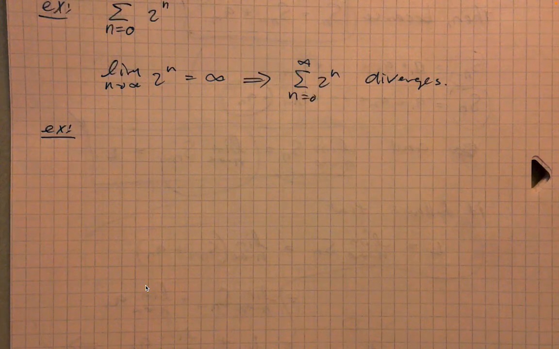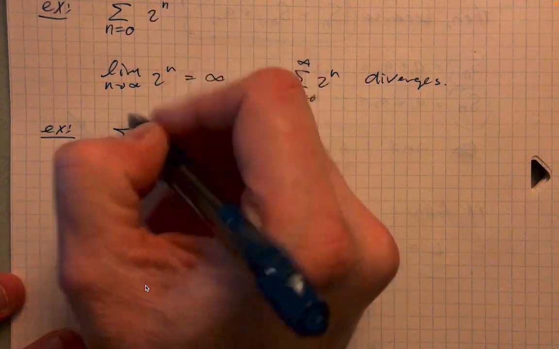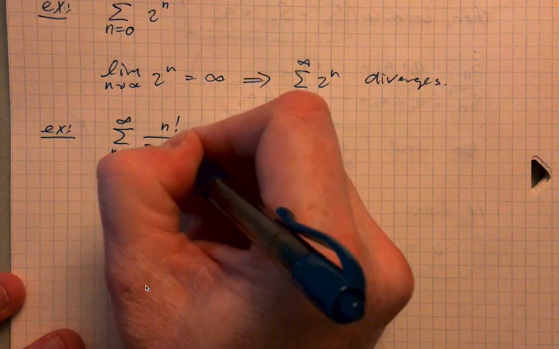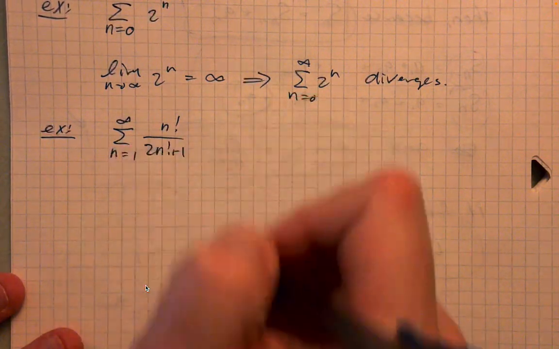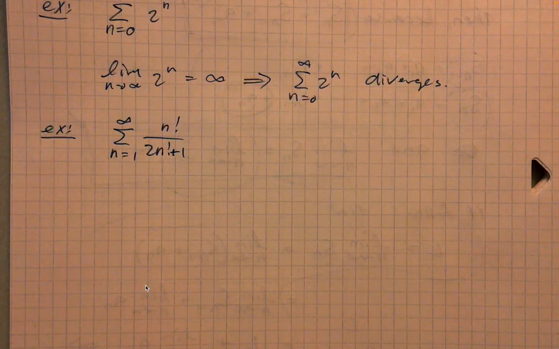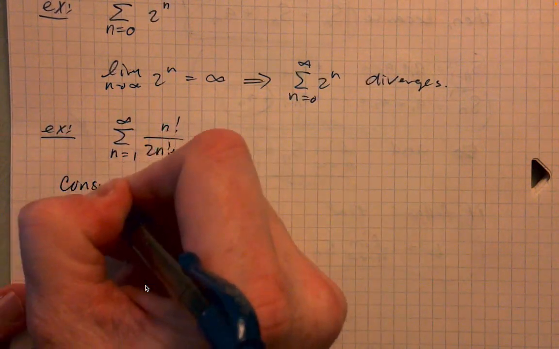All right, what about this one? n factorial over 2n factorial plus 1, we'll say. So you've got factorials here. Does this series converge? Let's consider the old trick.